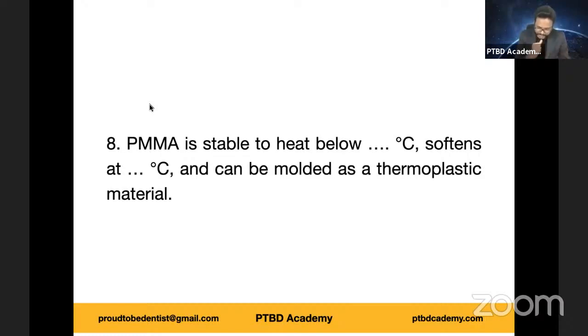Pinky, very good, Pinky. Pinky says 125 degrees and 125 degrees respectively. So what do you think? So polymethylmethacrylate is stable to heat below and softens at which particular temperatures.